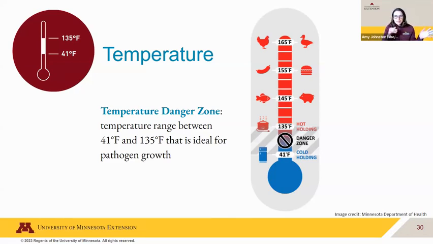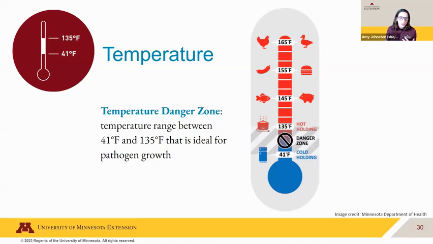Okay, so let's switch back to temperature. So hold foods at 135 degrees Fahrenheit or above to reduce the ability of any remaining pathogens to grow. Cool hot foods as quickly as possible to 41 degrees Fahrenheit or below. When preparing cold foods, pre-chill your ingredients and then cool that final product quickly after preparing.